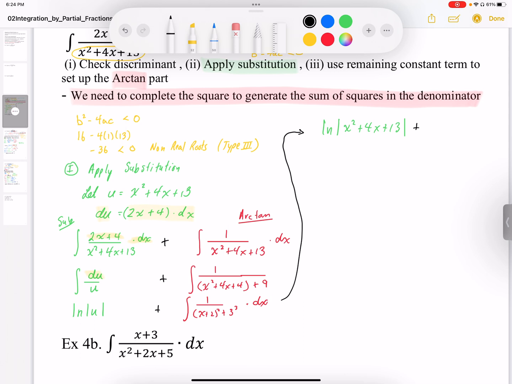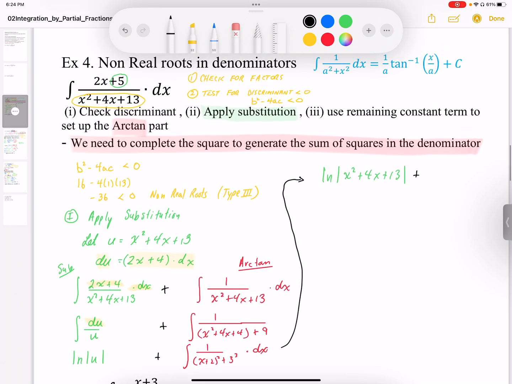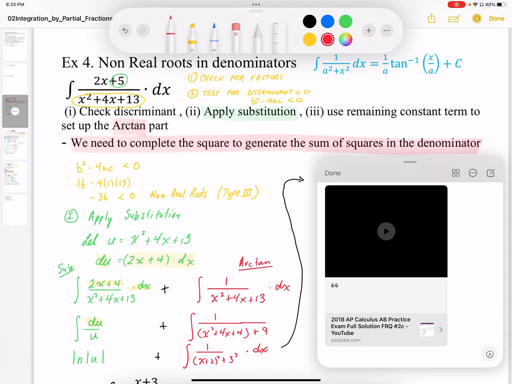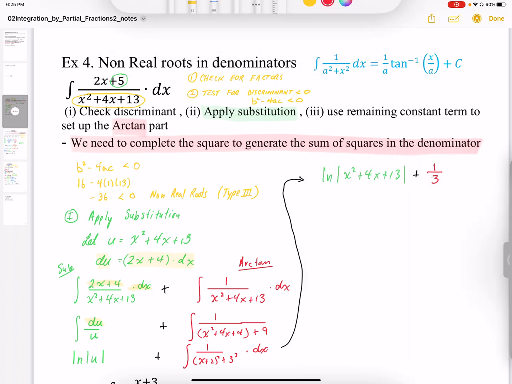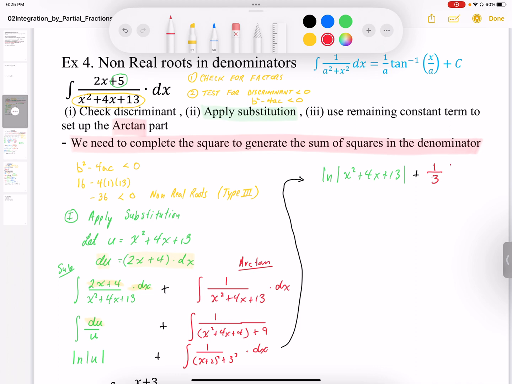It's going to be arctan, so using that formula, it becomes 1 over, in this case, a squared is going to be 3 squared, so a is 3, 1 over 3, arctan, and the x is going to be x plus 2 over 3, and then we can't forget the plus c.